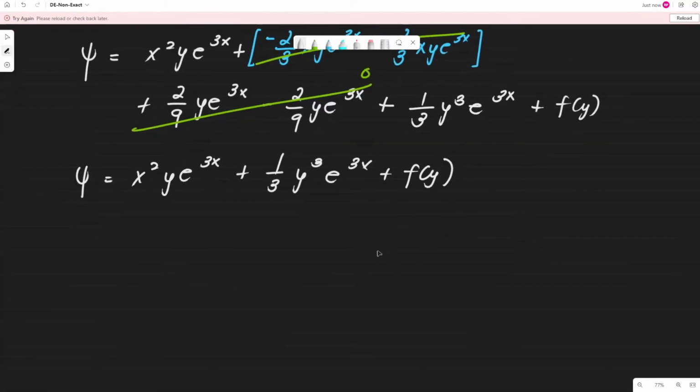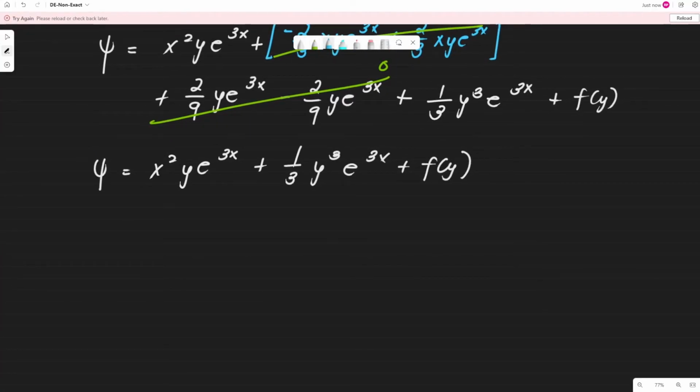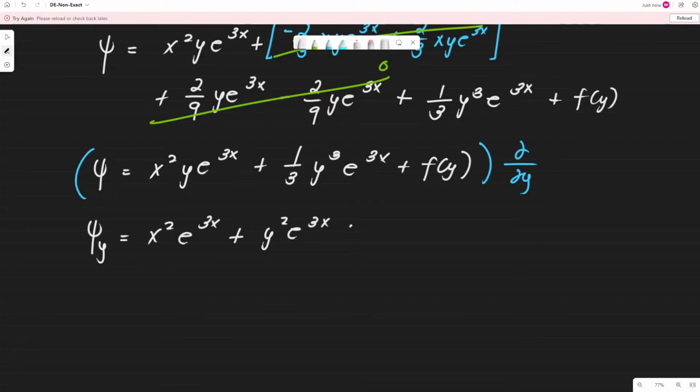Now we need to get the partial derivative with respect to y, to get psi y, then equate it with our N of x, y. So we have x squared e raised to 3x plus y cubed, whose partial derivative is 3y squared. But remember we have 1/3, so 3/3 is 1. We'll have y squared e raised to 3x plus f prime of y.